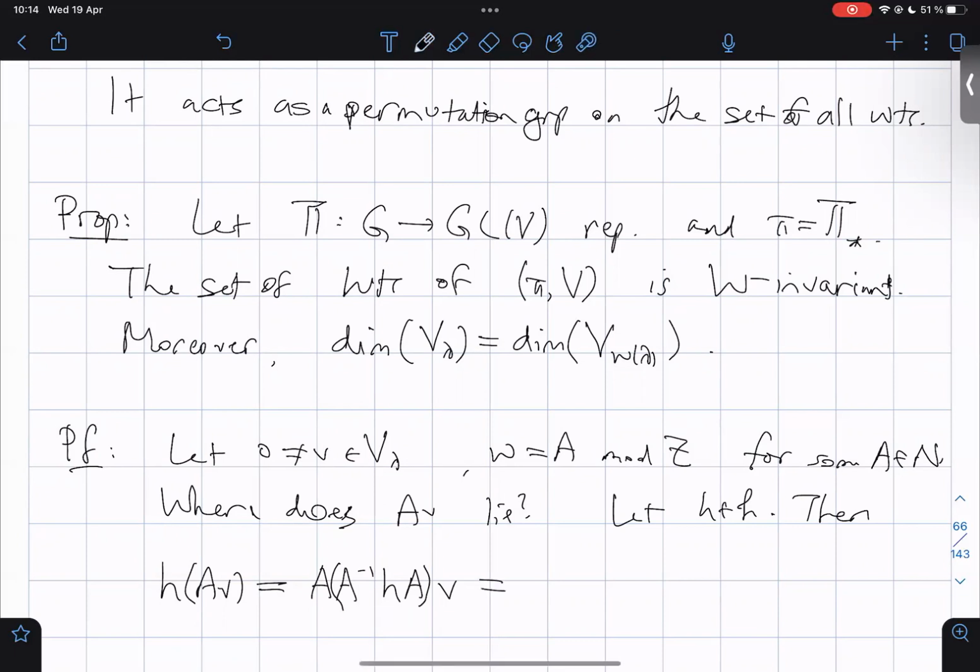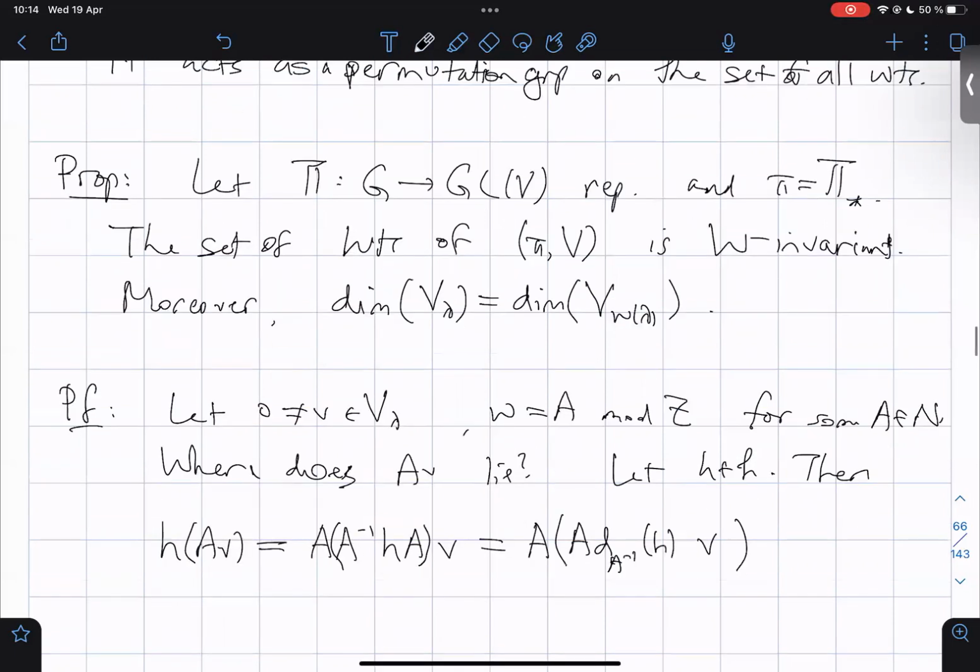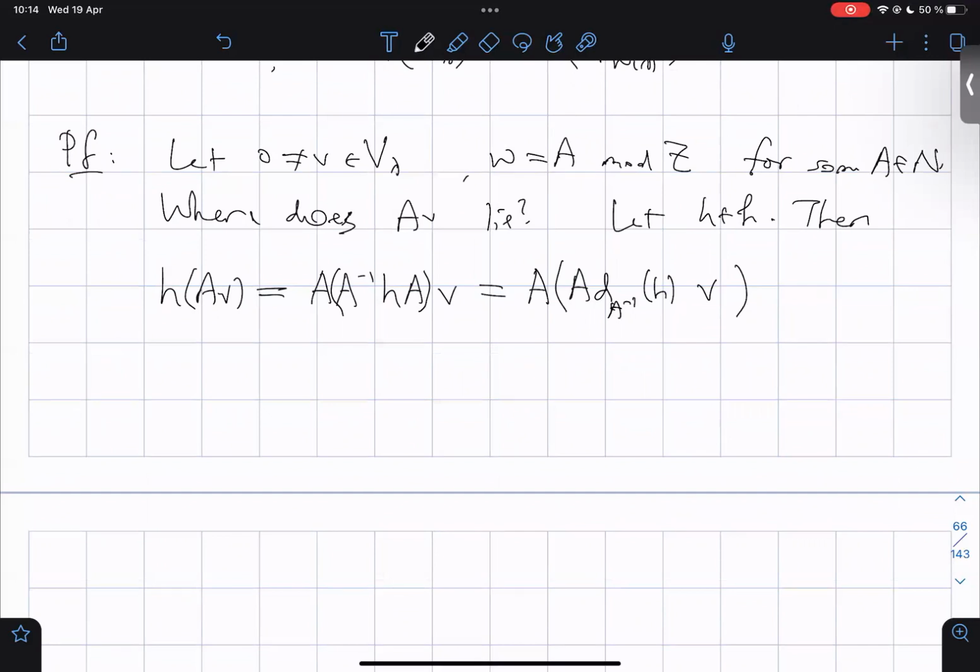So this is the same thing as A times Ad A inverse of H, which I'll let act on V. But this A and A inverse are in the normalizer. So this will lie in H. I guess before that, this is the definition of this element here. This lies in H.